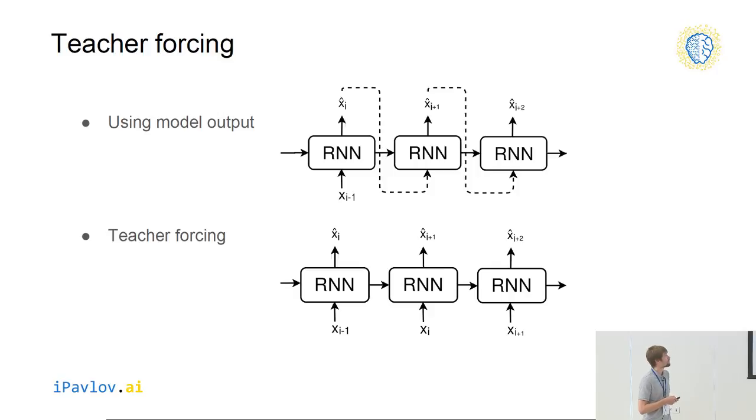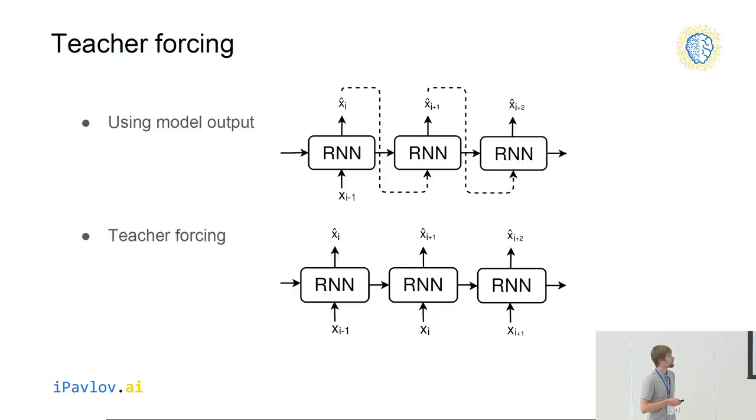The second way is to use not its own outputs, but to use ground truth labels, ground truth tokens in the case of natural language processing tasks.